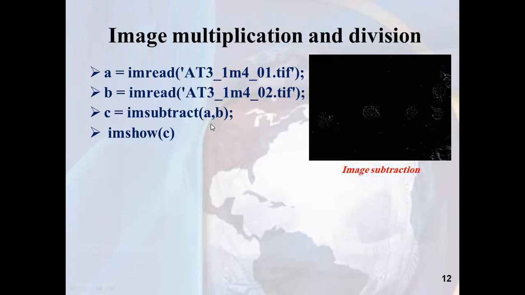We take the subtraction between these two images, and these values represent where we have motion between the times when we took the photo of those two images.